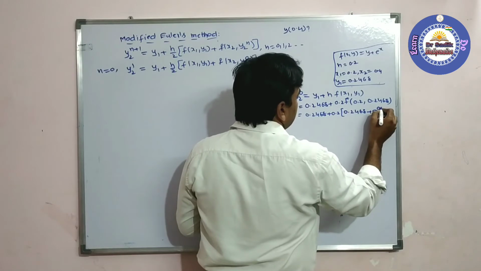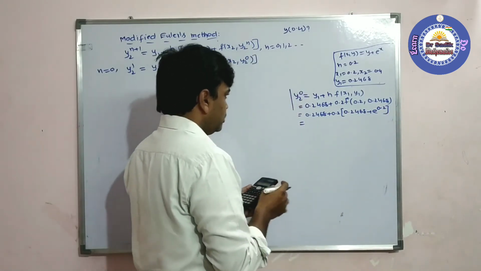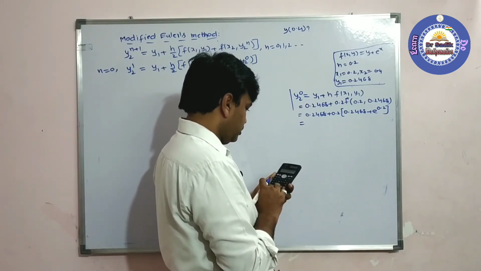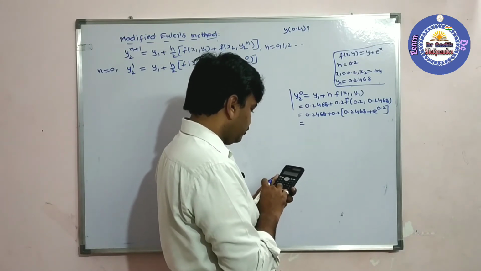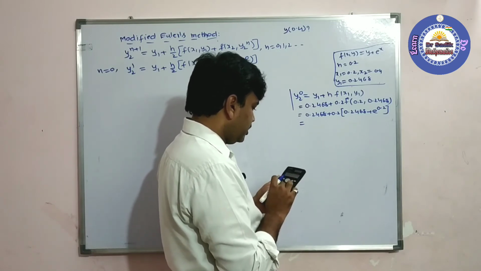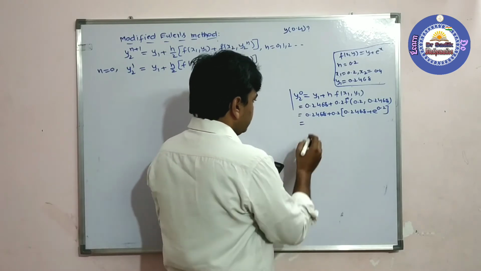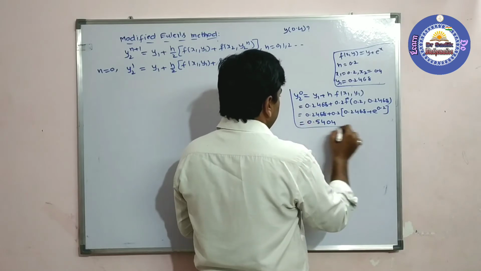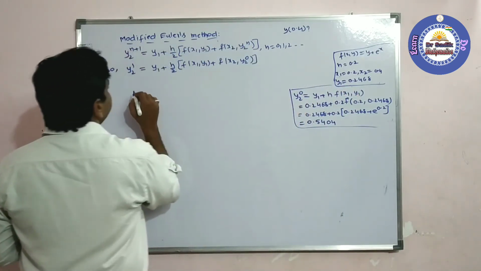What is x? 0.2. So that is equal to 0.2468 plus 0.2 bracket 0.2468 plus shift ln, we get e 0.2 bracket close. That is equal, we get here 0.5404. 0.5404, students. Now come here.